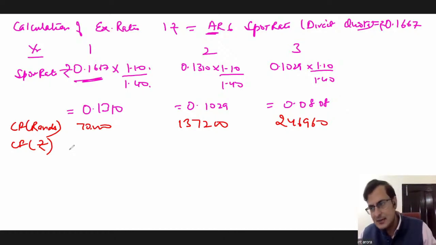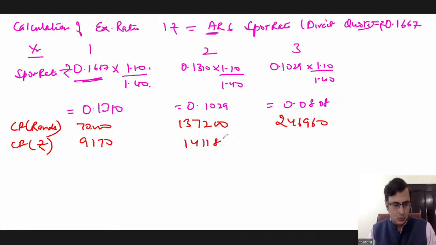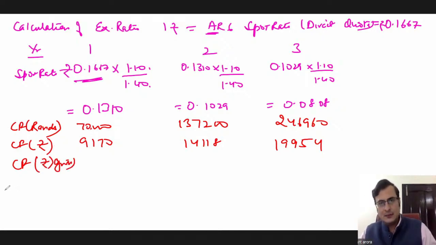So 0.1310 into 70,000, then 0.1029 into 137,200, which is 14,118. Then 0.0808 into 246,960, so this becomes 19,954. Clear? And the cash flows after conversion, which is given, we had calculated in our previous workings, if you remember.